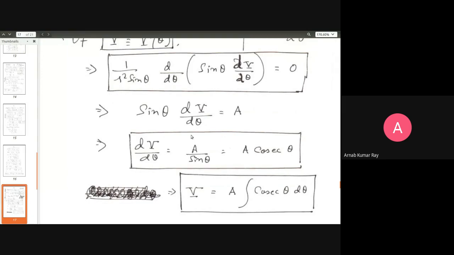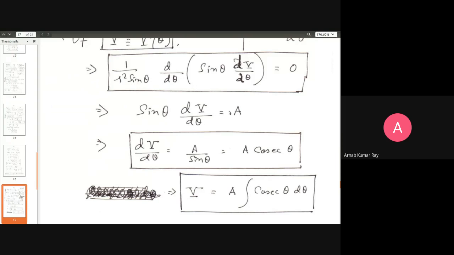As I said, this is the most difficult of all the 9 cases we shall take up. 9 cases as in x, y, z, 3 cases in Cartesian; s, phi, z, 3 cases in cylindrical; 3 and 3, 6; r, theta, phi, 3 cases in spherical. We have already discussed r. That was the 7th case. This is the second last, the 8th case that we are taking up.